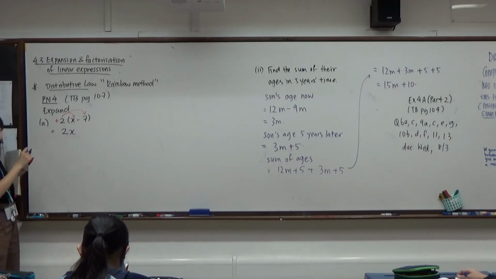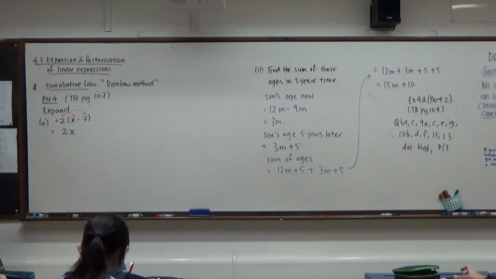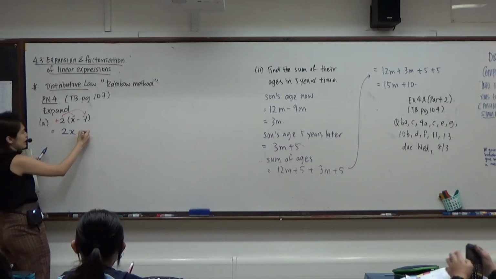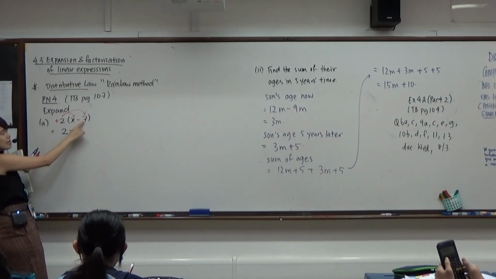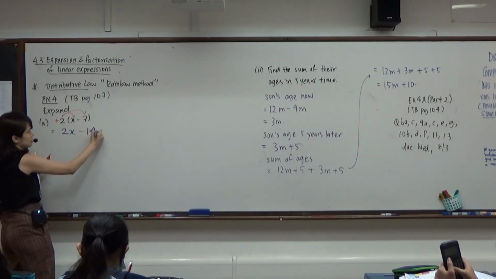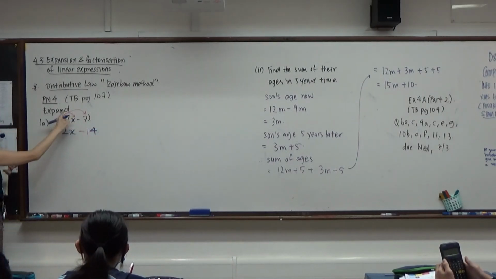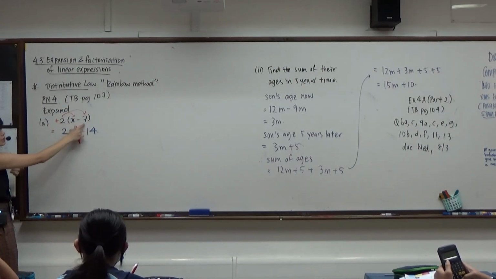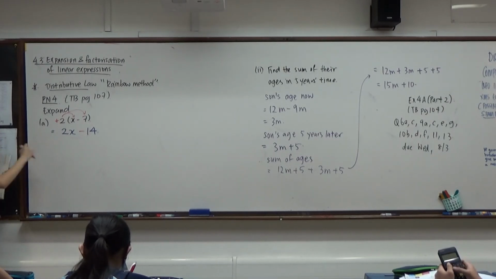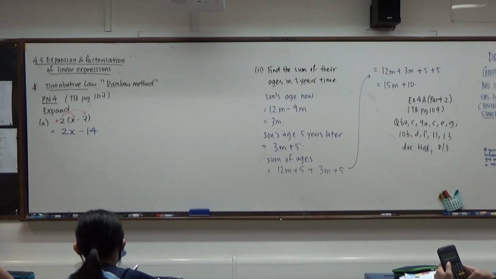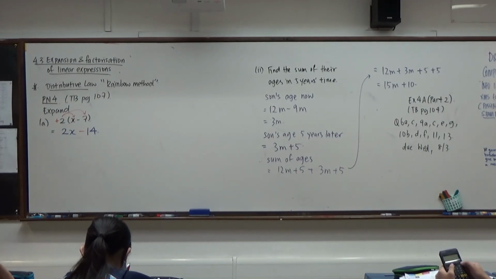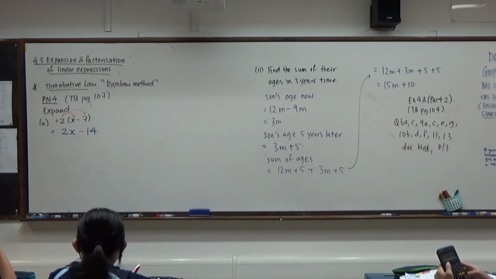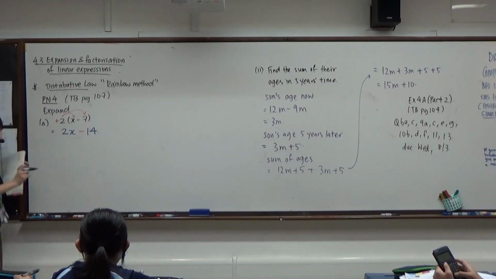Positive number multiply negative number gives us a negative. So I will have a negative, and then 2 times 7 gives us 14. It's always a multiplication: 2 times x, 2 times minus 7. So my final answer will be 2x minus 14. In my final answer for expansion, no more brackets. That is what we mean by expanding. Understand?